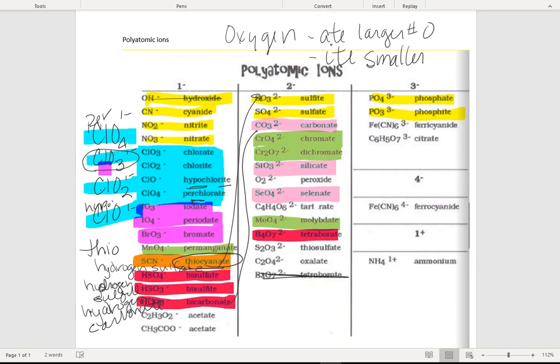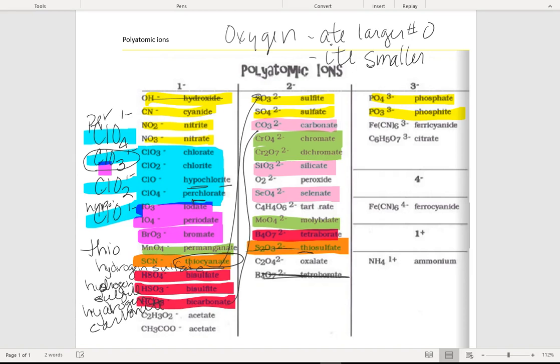Another one that has an extra sulfur is thiosulfate. To me, this should be thiosulfite. It's weird, I know, but hopefully, because I'm going to do basically a matching quiz, thio will tell you to look for an extra S. The S2O3, hopefully when you see S2, you'll be able to get past the fact that it should be sulfite.